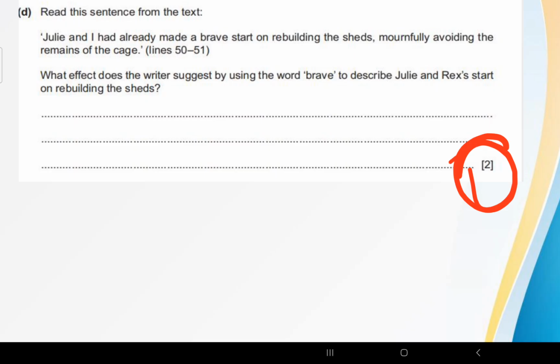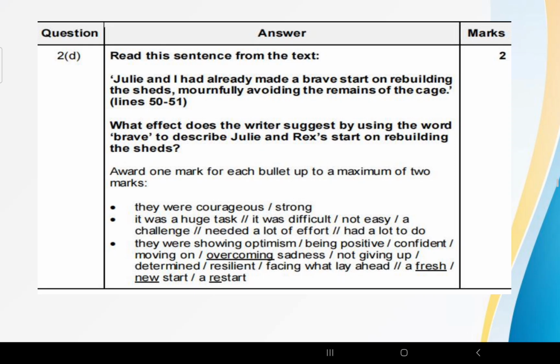When you are writing the effect of this word brave, you need to write 2 effects so that you can score 2 marks. If you write one effect of the word brave, you will just get 1 mark. Be clear about it. There is no mention of 2, but you have to write 2 because the marks are 2. So let's have a look at the mark scheme.